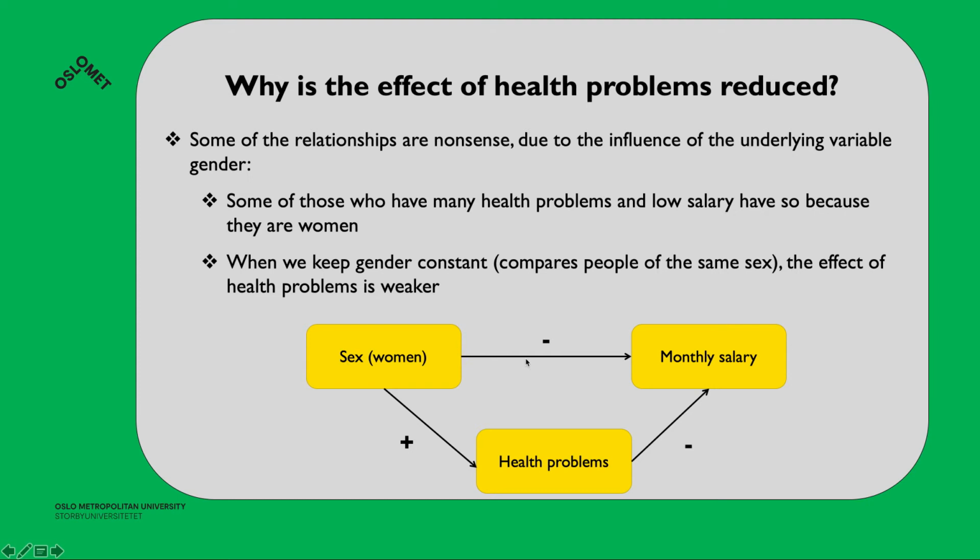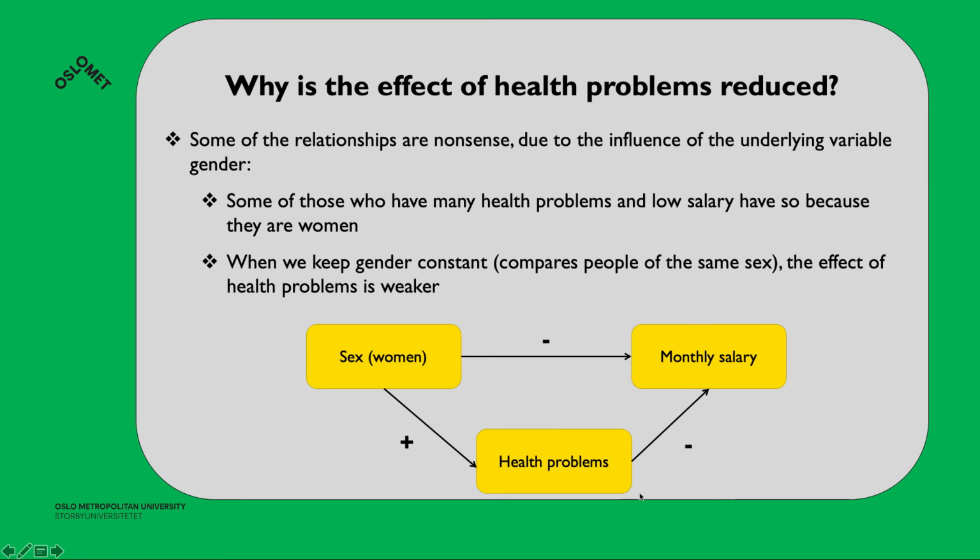So women have a lower monthly salary, so there's a negative effect of sex on monthly salary, but they also have more health problems, so there's a positive correlation between sex and health problems, and there's also a negative effect of health problems on monthly salary. That's why we have to control for sex, coming prior in time.